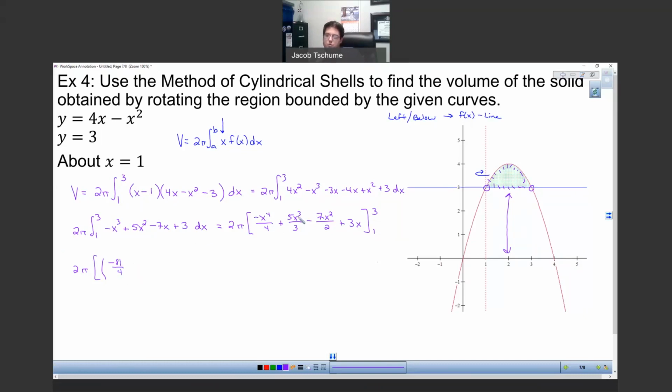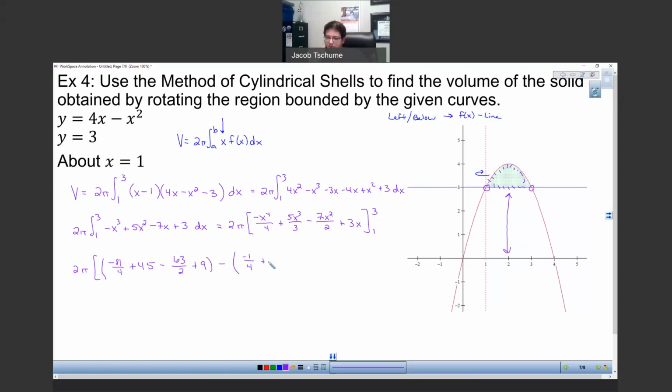3 cubed is 27. 27 divided by 3 is 9, and 9 times 5 is 45. Minus 3 squared is 9. 9 times 7 is 63, so that's going to be minus 63 halves. And then plus 9. Minus, go through and plug 1 into everything, which is a little bit easier.